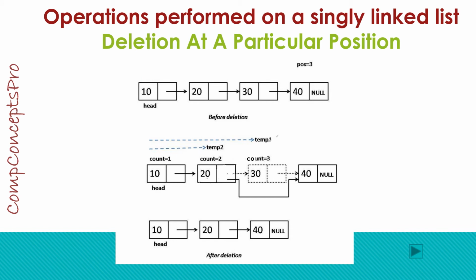Now lastly, deletion at a specific position. In this example, we are trying to delete the node at position 3. So this is the node at position 3 and this we want to delete. So here also we'll traverse the list up to the position where we have to delete the node and set two temporary pointers, one at the node which we have to delete, say temp1, and another at the node previous to it, say temp2.